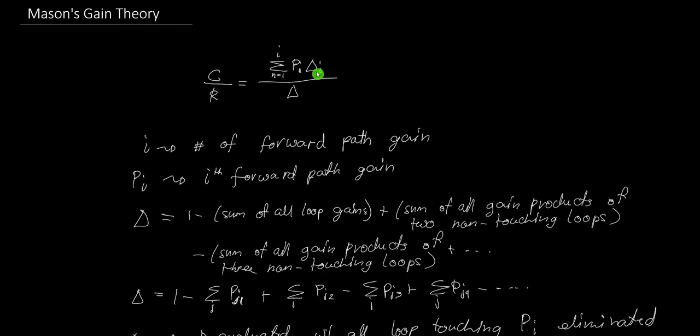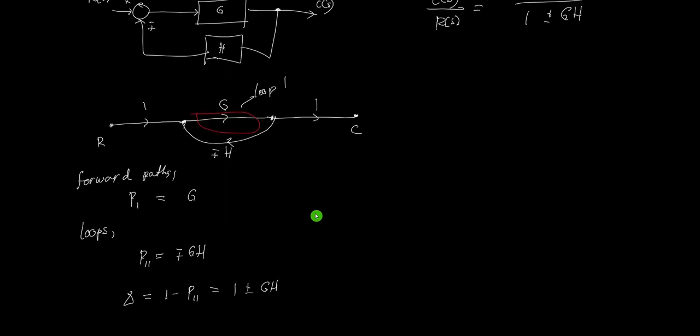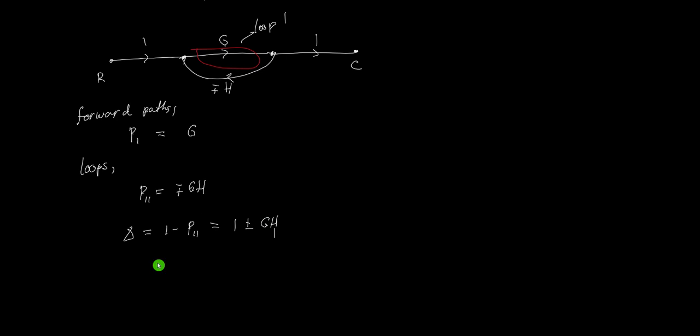Another formula is for delta i. Because we only have one forward path, we only have delta 1. For delta 1, you eliminate all the loops touching that path. Our path is only one in this direction, and this loop touches that path, so it is eliminated. So this will be 1 minus 0, or simply 1.